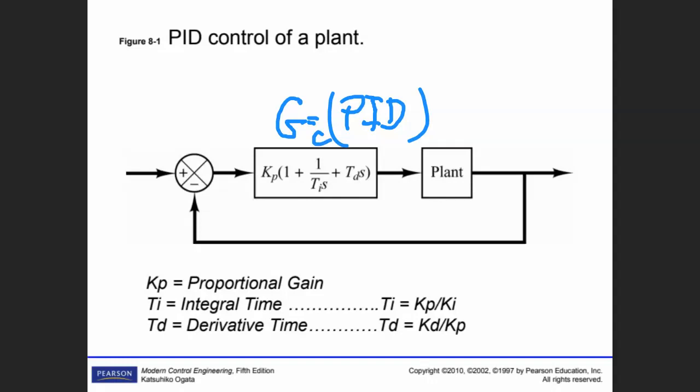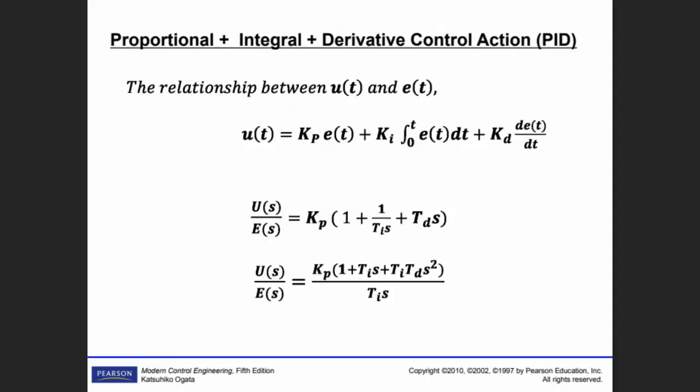PID controller means your controller is actually adding a proportional constant. The proportional constant produces an output which is proportional: output is equal to input, that is the error, times Kp.